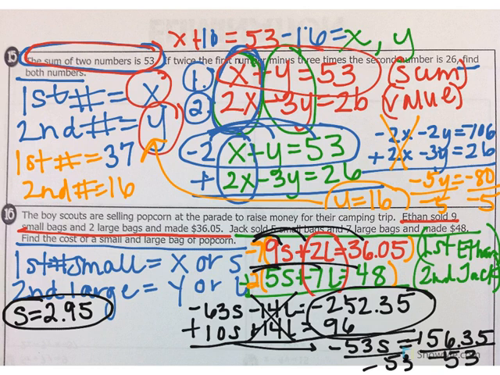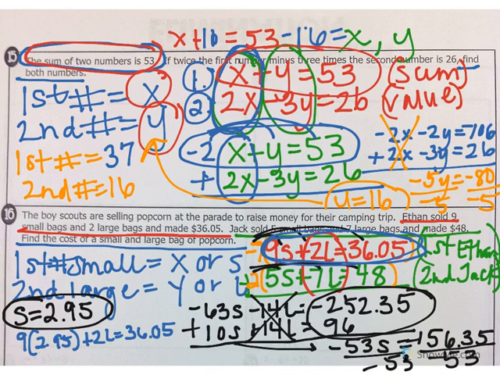Okay, so to find what L is, or y, you're going to take one of the original equations, like this red equation up here that I wrote out, and plug the S in. So it'd be 9 times, not S, but 2.95, plus 2L equals 36.05.